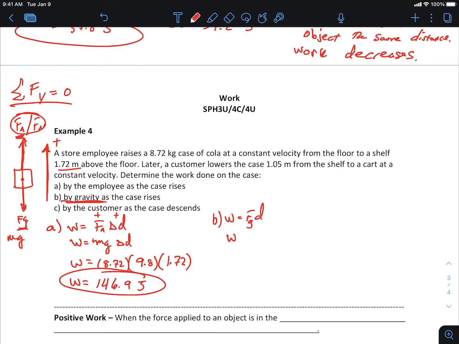So it's in the opposite direction, which means I'm going to get negative mg times d. You're just going to plug it in. You're going to get the same number in terms of magnitude, but the work done is negative for gravity.